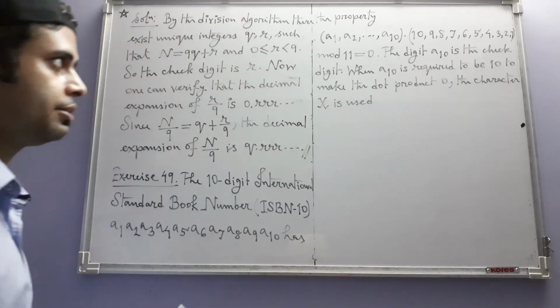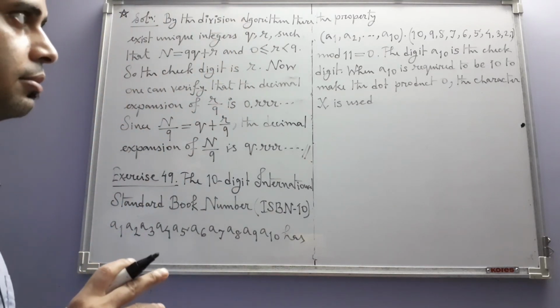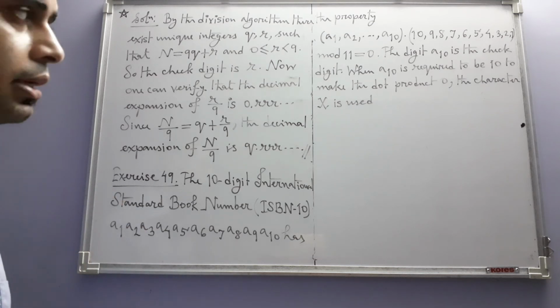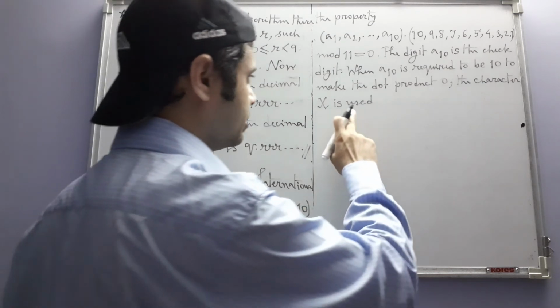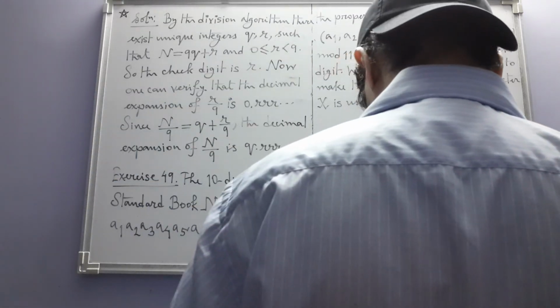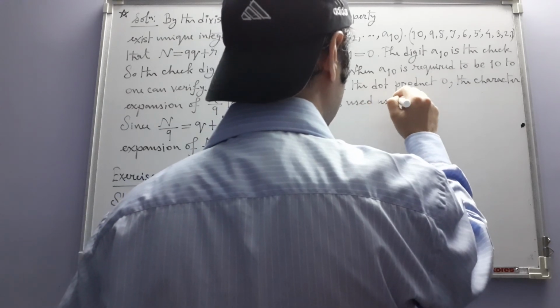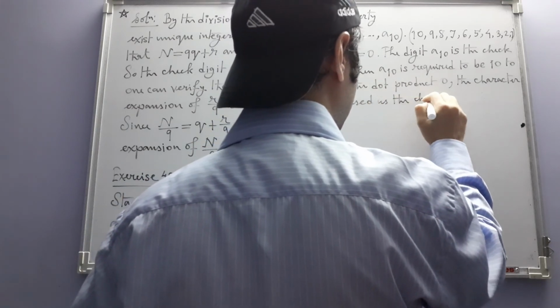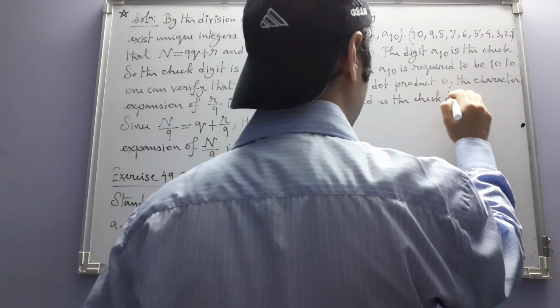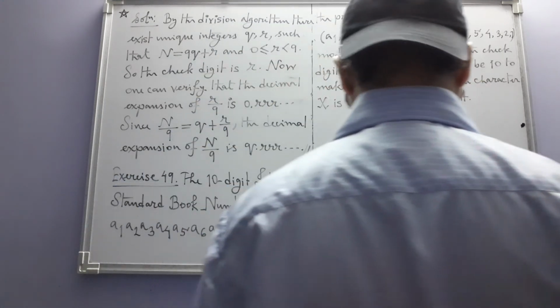If the check digit turns out to be equal to 10, then we use X in its place as the check digit.